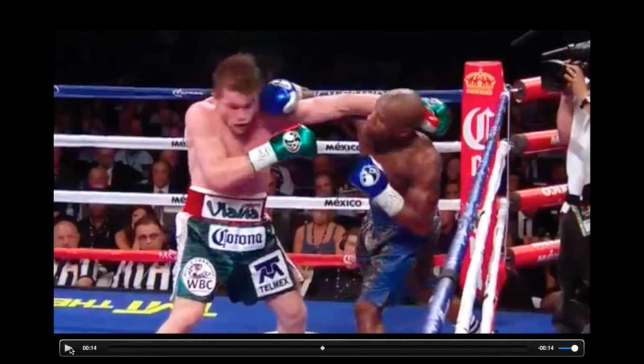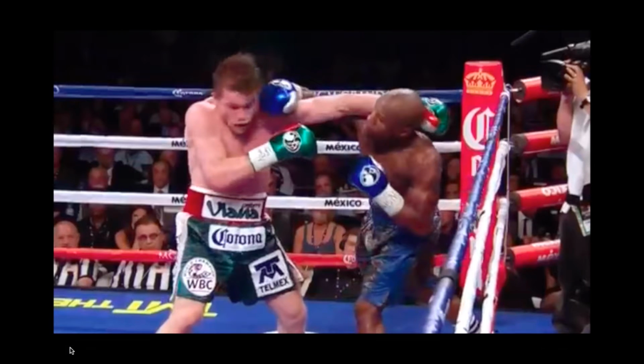This is important that he's also slightly changed the trajectory or the angle of the right straight, making it ever so slightly more like a hook, being able to land the counterpunch effectively.